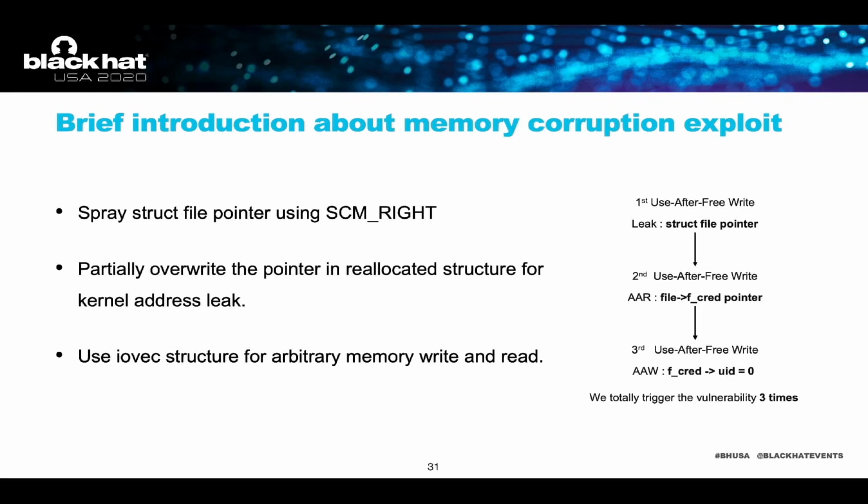First, we spray the file structure pointer and partially override the data pointers in the reallocated structure so that it leaves the spray area and leaks the file pointer. And we use IOBC structures for arbitrary address read and arbitrary address write.